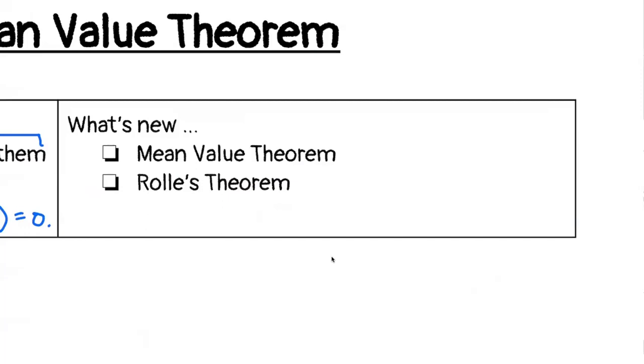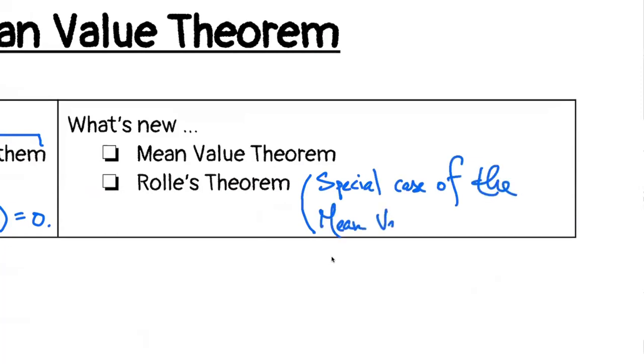And before we start crying about how we're actually learning two theorems and not one theorem, I do want to put it out there that Rolle's theorem is nothing more than a special case of the mean value theorem. Okay. So even though it's 2, if we get the mean value theorem, then Rolle's theorem actually, I think, makes a lot of sense for us. Okay.